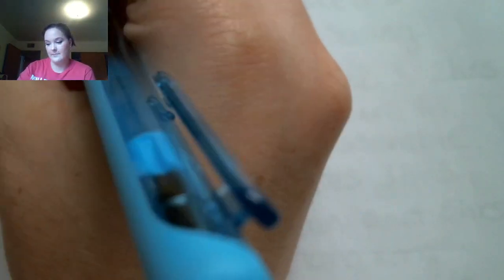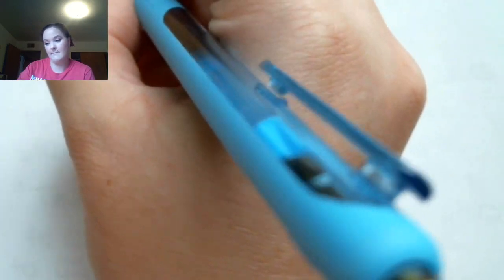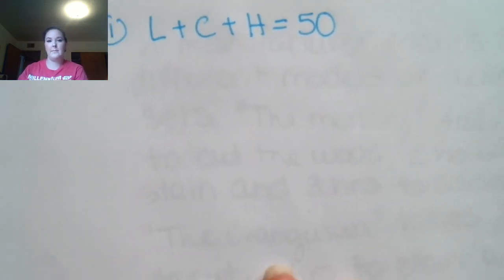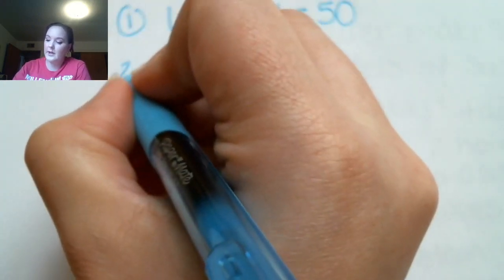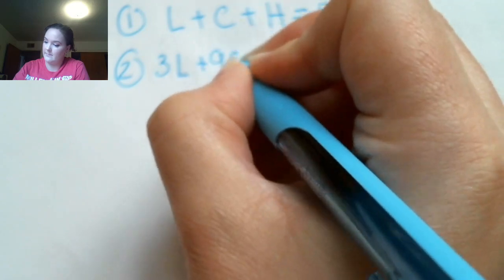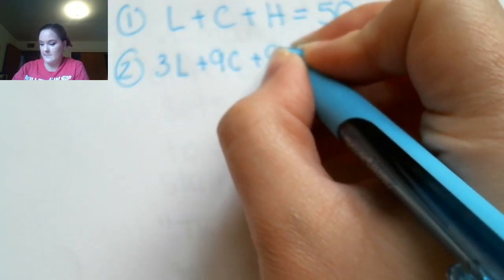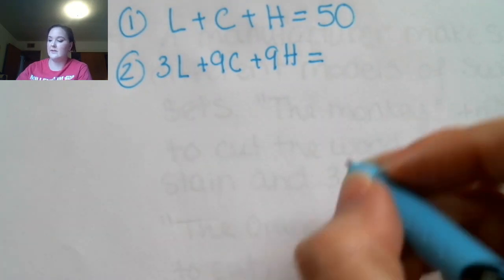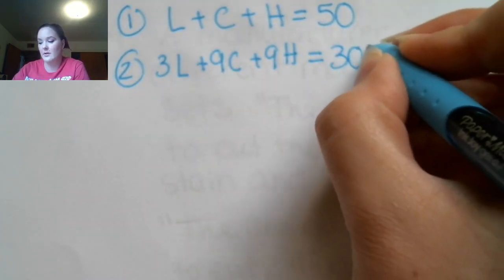The first one is already in that order. The second one is close; all we needed to do was multiply 6 by 50 to get 300.